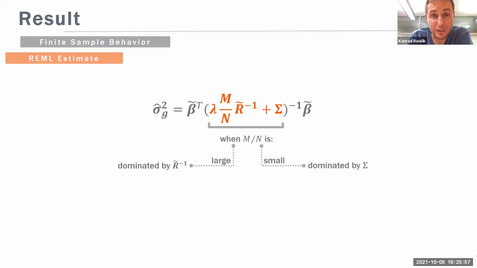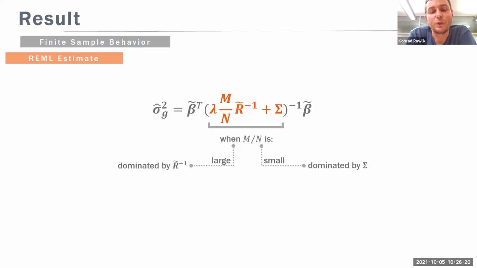So if we look at this more closely, we see that these two terms are weighed, in particular, by this m over n term. So when this term is large, what that means is that the overall expression is dominated by your estimate of the LD matrix, which is good.